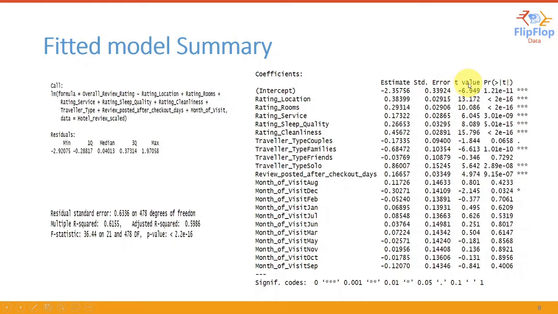Now looking at the next p-value. Sleep quality is the 4th significant variable. And then comes our service as fifth. Sleep quality has a p-value which is very small compared to 0.05, but a little bit more than the other three variables, location, rooms, and cleanliness.